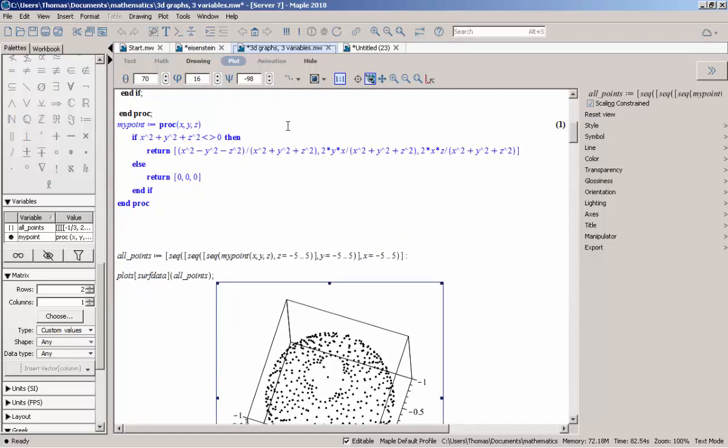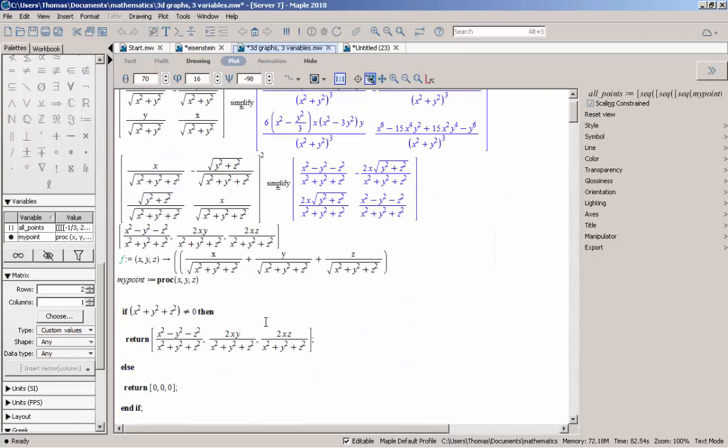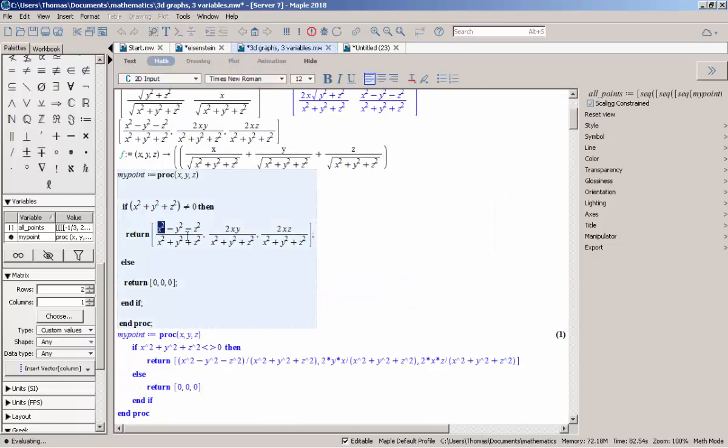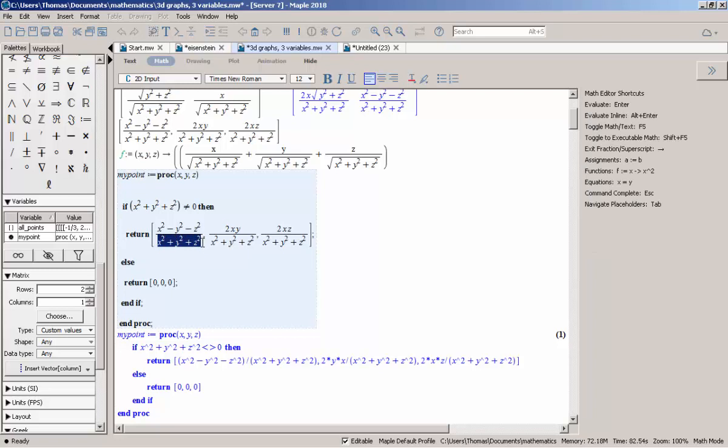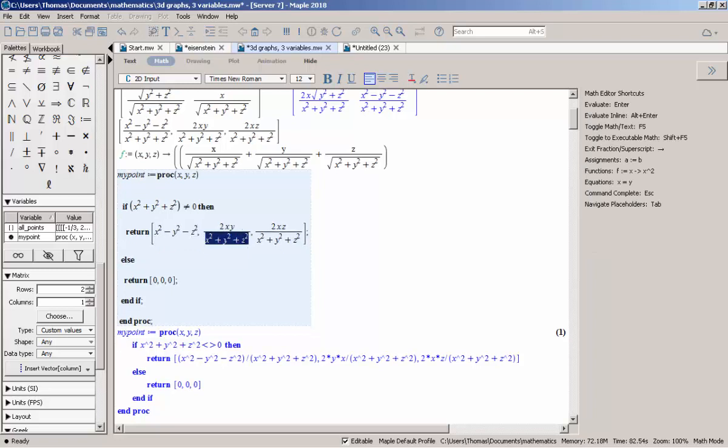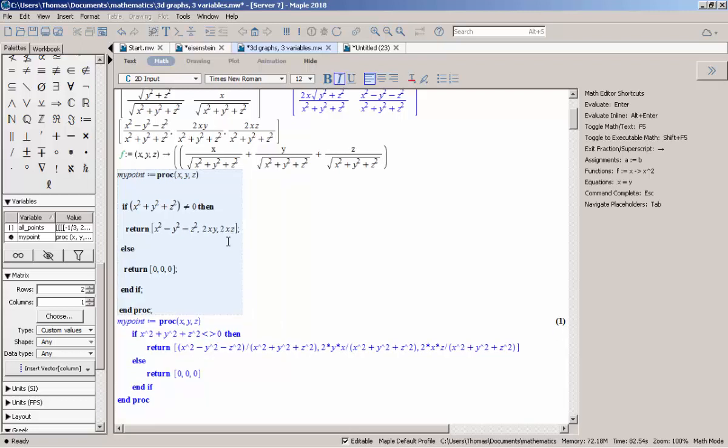Alright, so we talked about these. So right here, these are the functions that end up in the Mandelbrot. X squared minus z squared minus z squared.